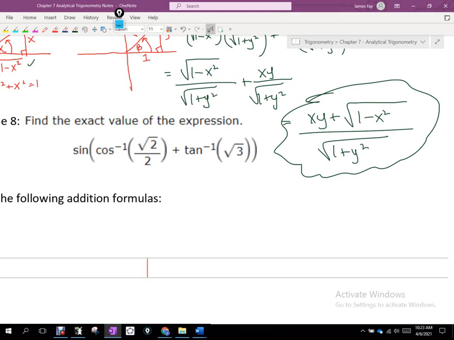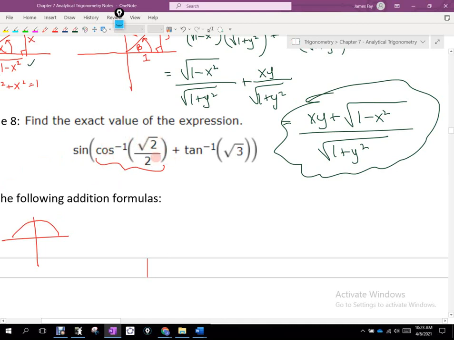So now it might be a little bit easier to evaluate this or to realize what we're really doing here. If I go cosine inverse of radical 2 over 2, cosine inverse is only defined for those two quadrants. Which angle measurement has an x value, because that's what this is.